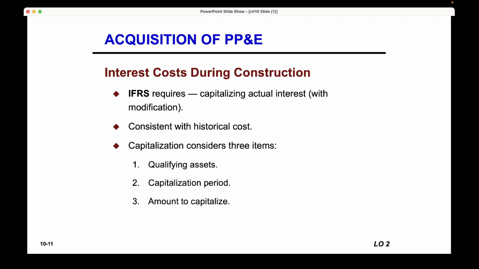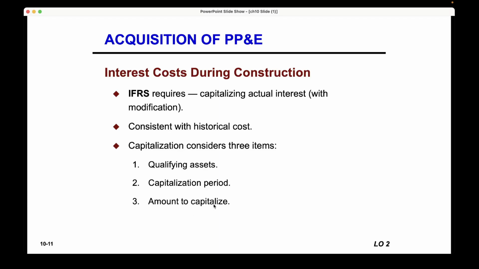Next, we need to determine the capitalization period, which is the time during which the company is incurring expenditures and interest on the asset's construction. Interest capitalization begins when construction starts and ends when the asset is substantially complete and ready for use.